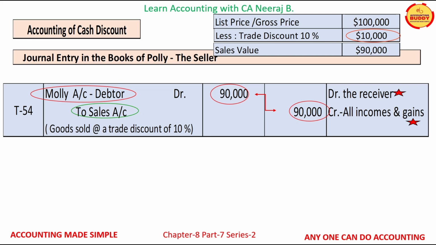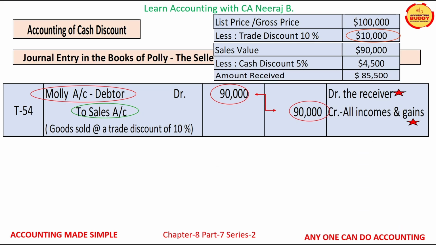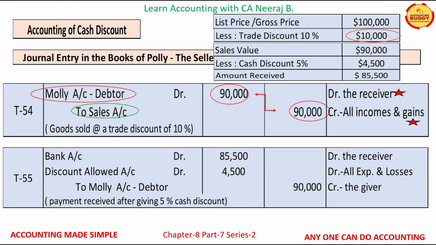In the given transaction, 5% cash discount is allowed, which amounts to $4,500, which means the seller Polly will receive $85,500 to settle the transaction of the value $90,000. The three accounts which are affected by this transaction are bank account, discount allowed account, and Molly's debtor account.